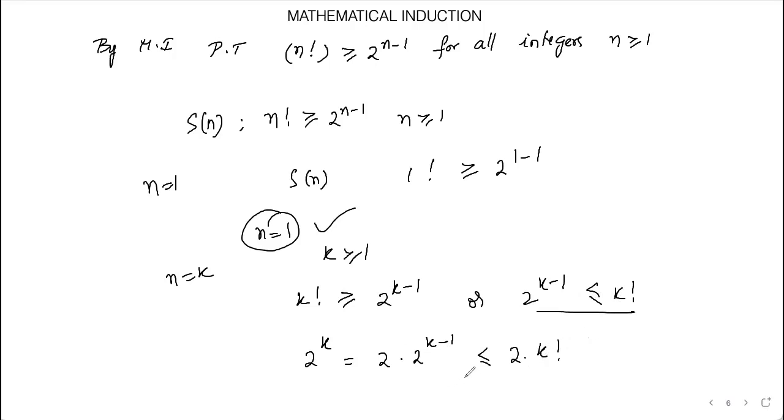Now this is less than k plus 1 into k factorial, because 2 is less than k plus 1, that is for k greater than or equal to 1. Okay, and now this is equal to k plus 1 factorial.